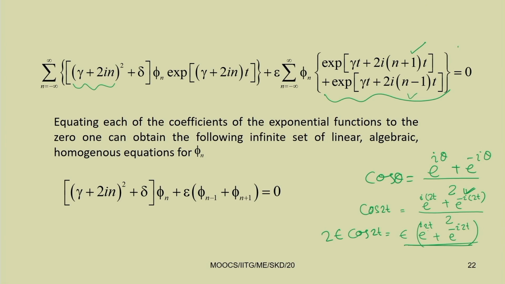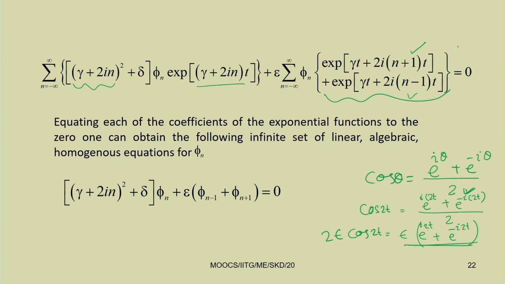So you just see, we have a term e to the power (gamma plus 2 i n) t, another term 2 i (n plus 1) t, and another term 2 i (n minus 1) t. Now we can equate the coefficient of each exponential function to be 0. For example, by taking n equal to 1, we will have gamma plus 2 i here.